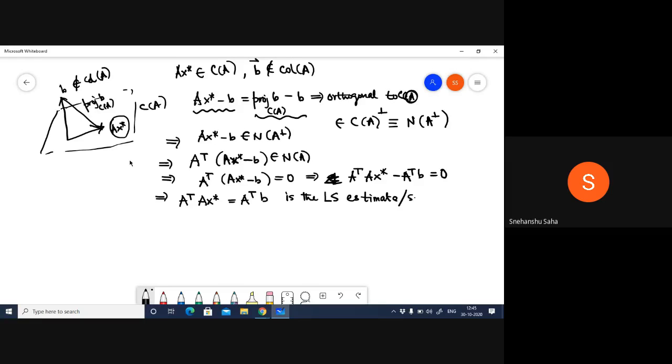Least square estimate or solution to what? Solution to AX equal to B, okay? All right. And if you want to write this explicitly, this will be A transpose A inverse A transpose B, right? Okay. And this is called the pseudo inverse.